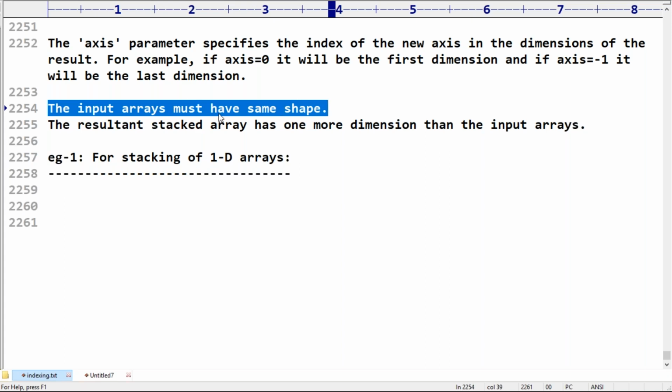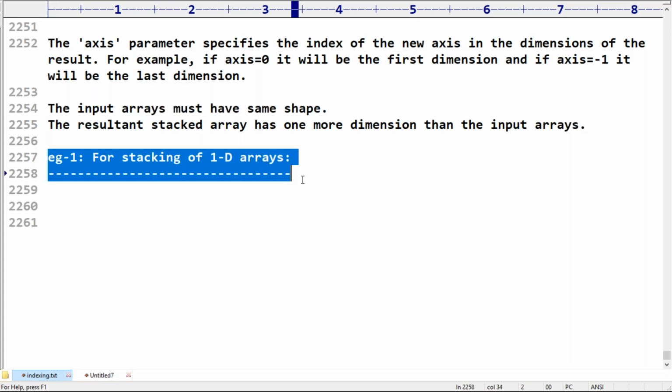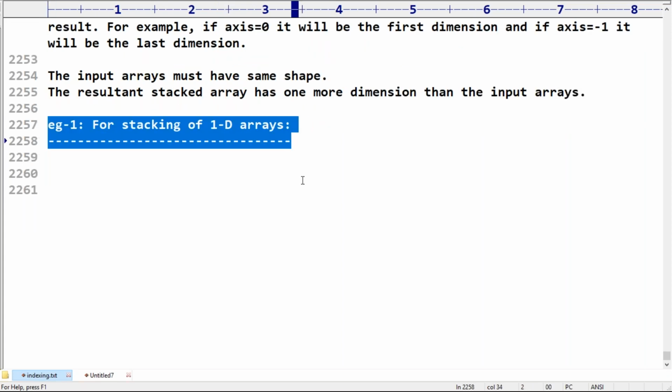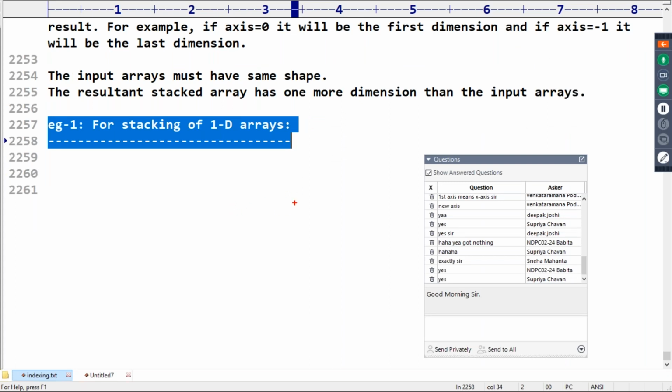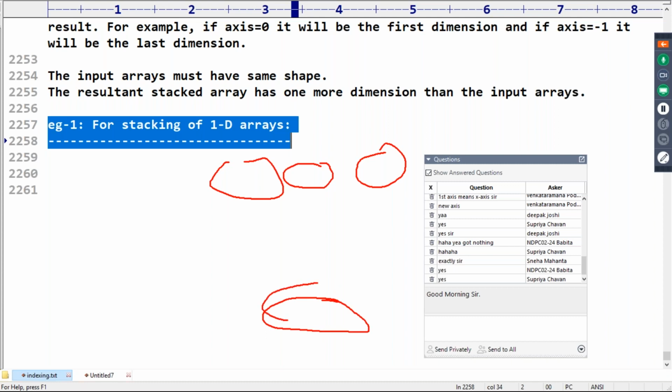Because stacking is like this: here there are plates. Assume this is the first plate, this is the second plate, this is the third plate. Can you please stack these? It is something like the first plate, on top of that the second plate, on top of that the third plate.